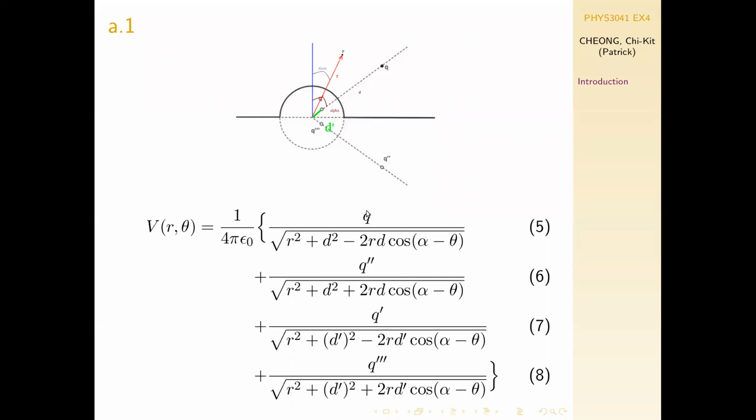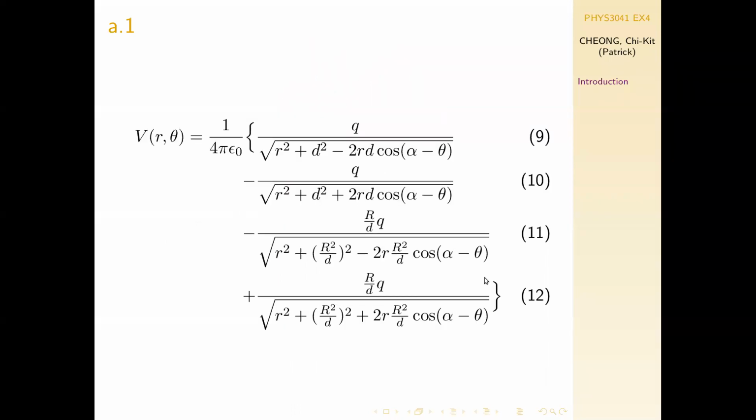Recall that this is the original charge, and Q double prime is the mirrored charge directly from Q. So you might already notice that the plus minus sign is changed from the upper expression to the lower expression. However, this is not the end of this problem, as we need to substitute all these variables, for example, Q double prime and D prime.